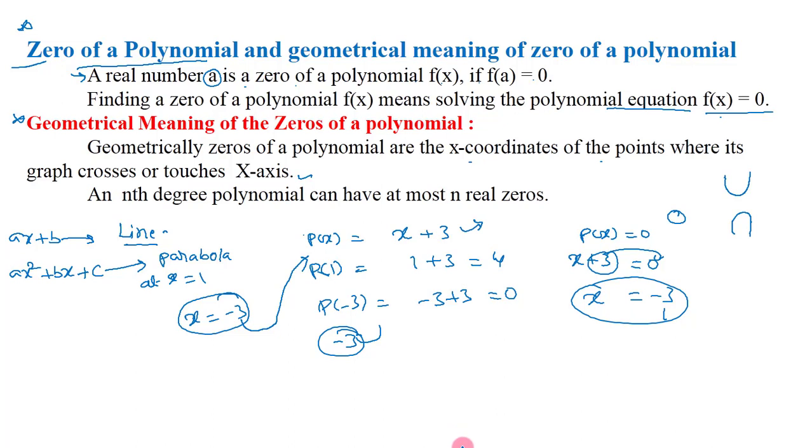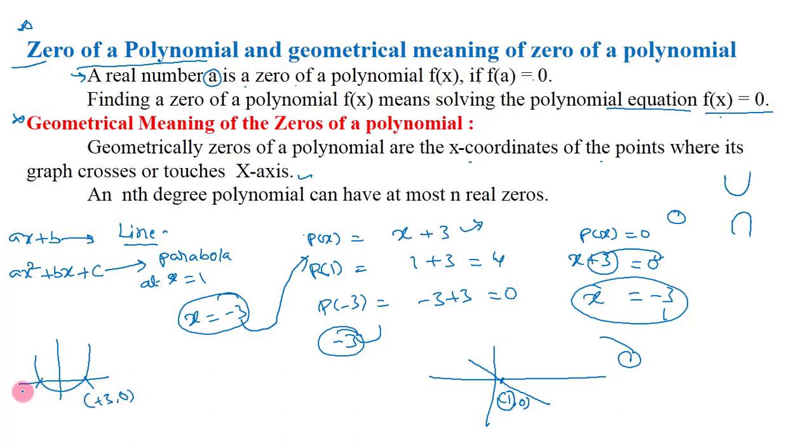That means if you draw the graph of a linear polynomial and suppose this graph intersects the x-axis at 1, 0, then this x coordinate, that is 1, is said to be the 0 of this polynomial.